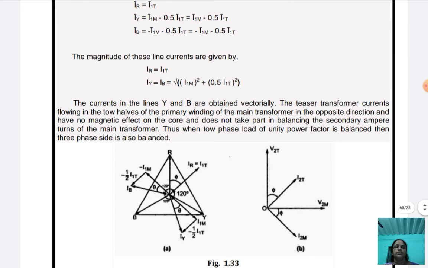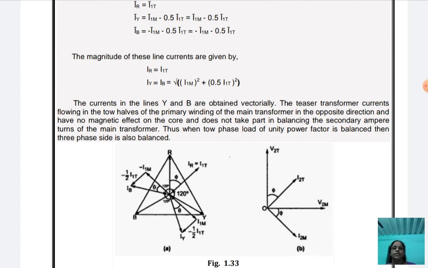In this case, figure 1.33 is for unity power factor, where the lines Y and B are obtained vectorially, and here you can see R, Y, B only.